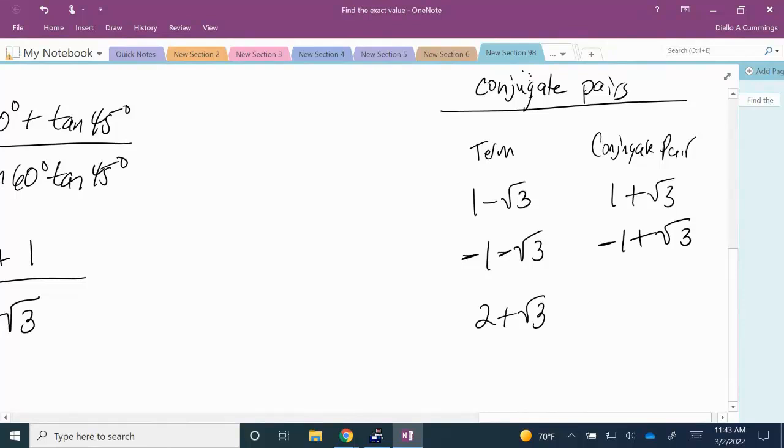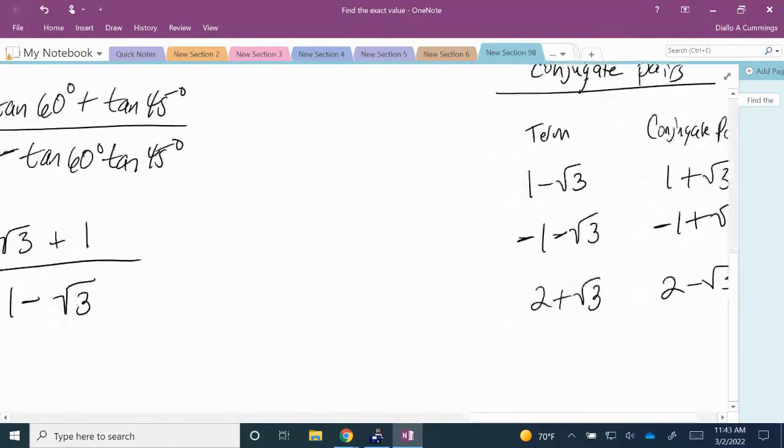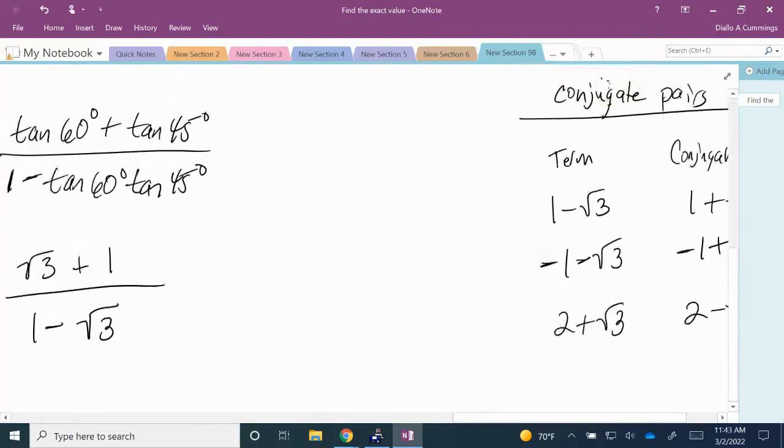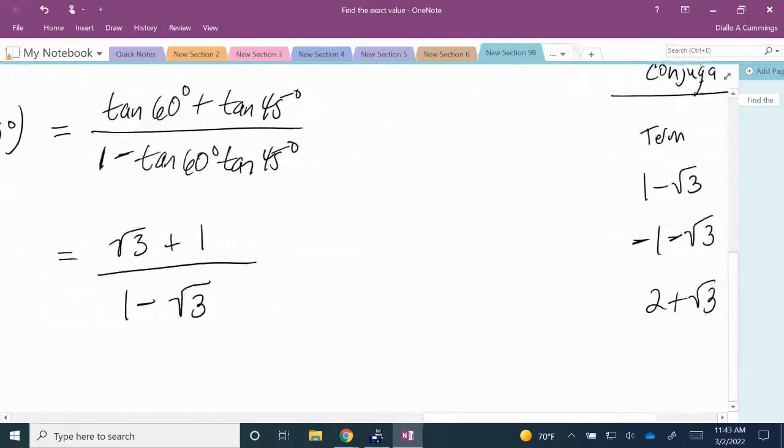Its conjugate pair would be 2 minus the square root of 3. So in this case, we're going to multiply both the numerator and the denominator by the conjugate of the denominator. So the conjugate of the denominator is 1 plus the square root of 3.